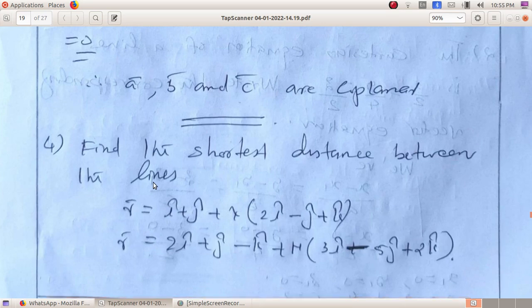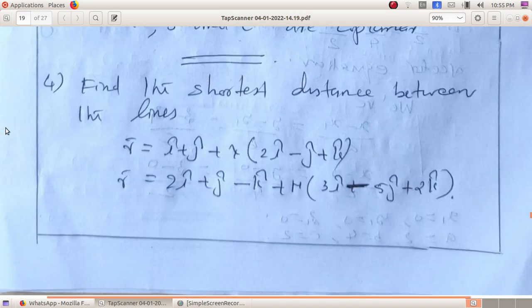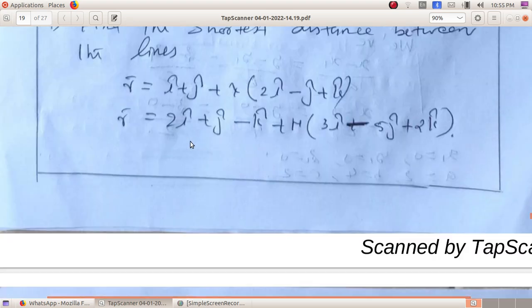Then find the shortest distance between the lines. Vector r is equal to i plus j plus lambda into 2i minus j plus k. Vector r is equal to 2i plus j minus k plus mu into 3i minus 5j plus 2k. Vector r is equal to vector a plus lambda into vector b, vector a plus mu into vector b. i plus j, there is no k, therefore we add 0k.